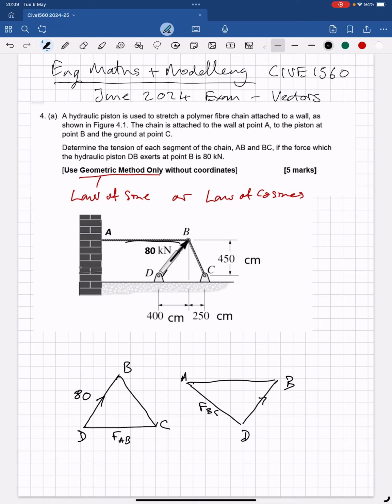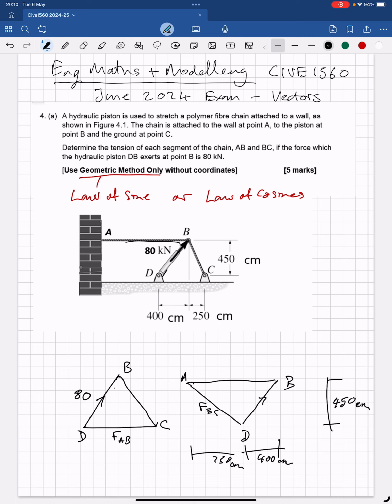Now we've got the geometry. We're given the geometry, we're told it's 450 centimetres high. We know this length here is 400 centimetres. We know that this is 250 centimetres.